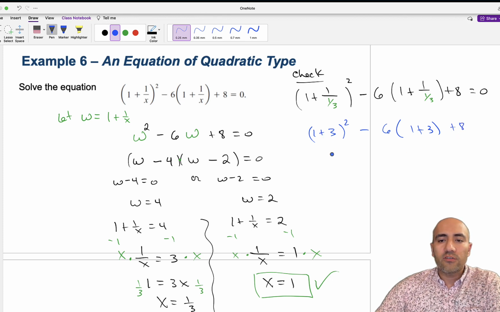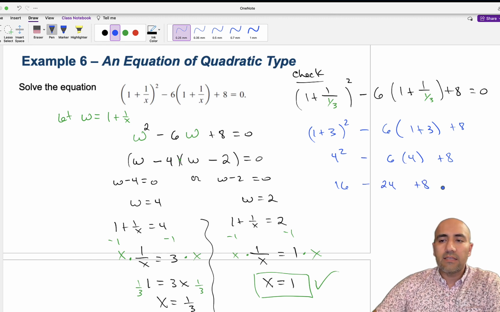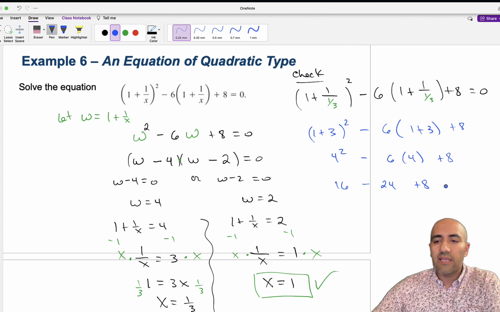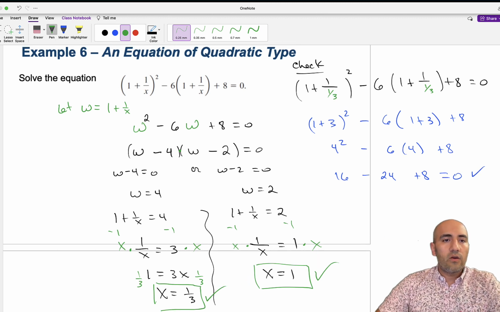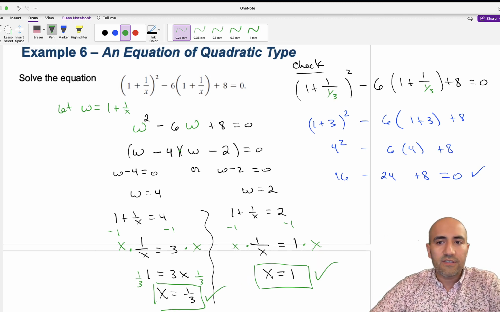This becomes 4 squared minus 6 times 4 plus 8. That gives you 16 minus 24 plus 8. Does that equal 0? Yes, that's a minus 8 plus 8, which does equal 0. Okay, so both were valid solutions.